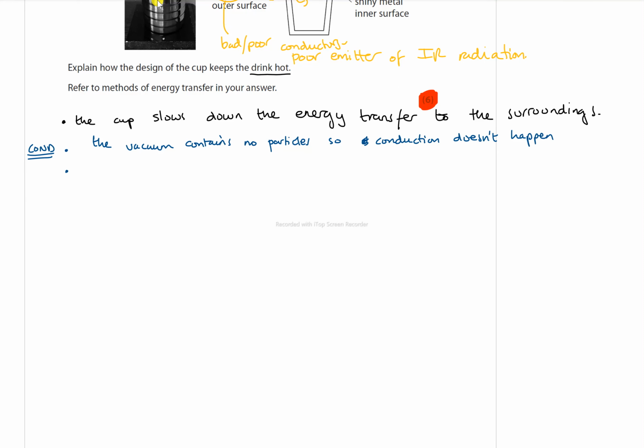The plastic lid is a poor conductor of heat or thermal energy. Oh, it's a good insulator.